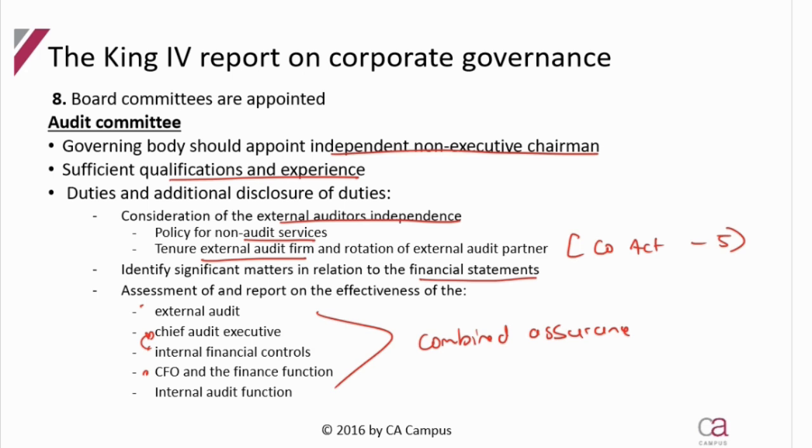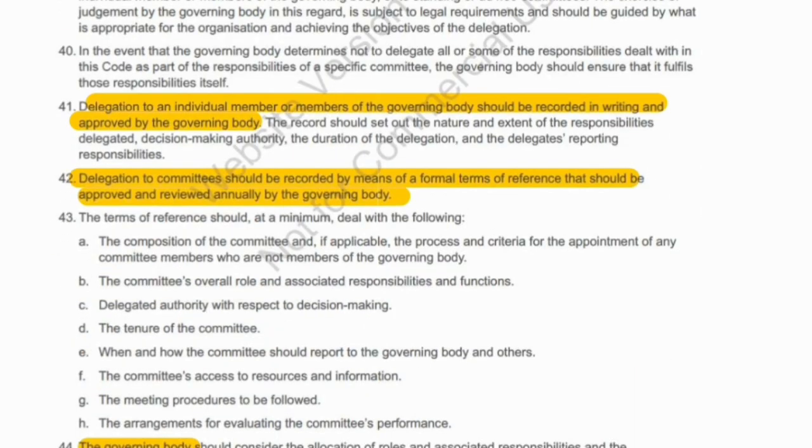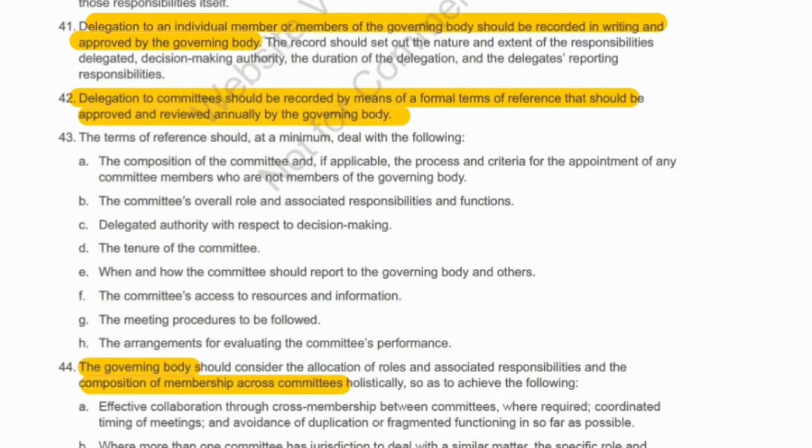Okay, let's quickly have a look at your committees so you can see them. It says that delegation can be given to your committees, but must be approved by the governing body, so the board has to approve this, and even if it is delegated, they are still going to be responsible.